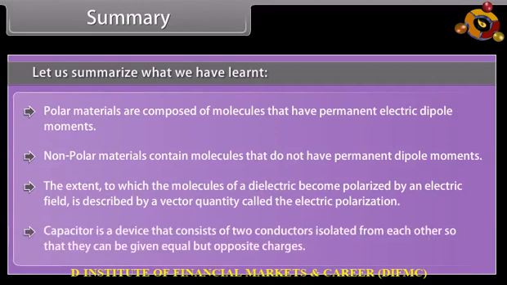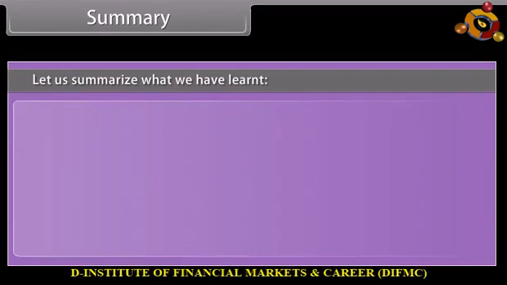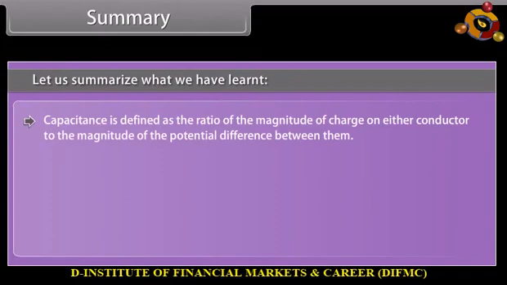Capacitor is a device that consists of two conductors isolated from each other so that they can be given equal but opposite charges. Capacitance is defined as the ratio of the magnitude of charge on either conductor to the magnitude of the potential difference between them.